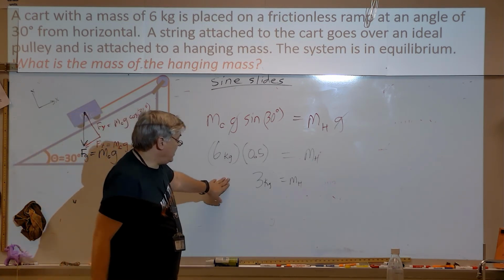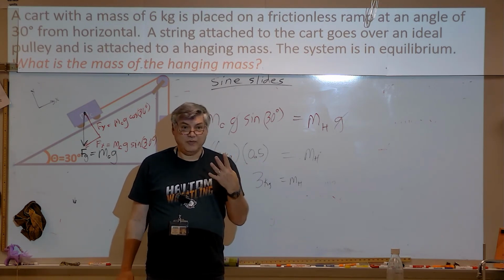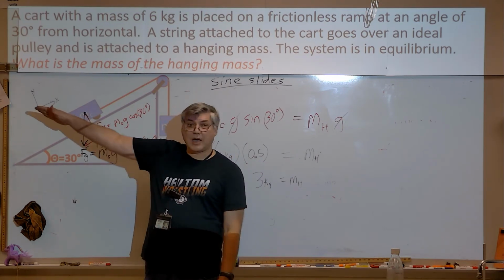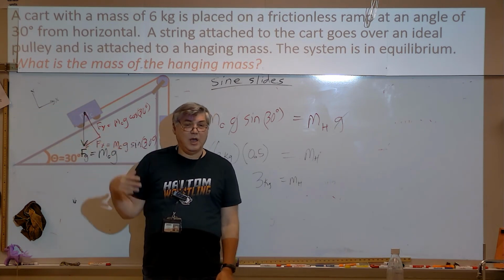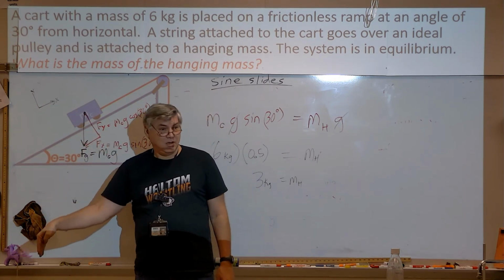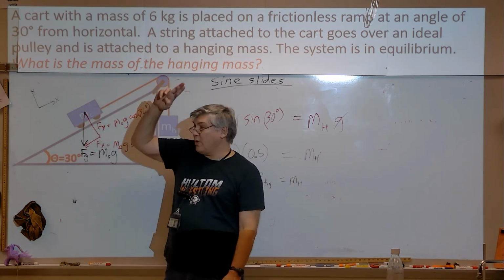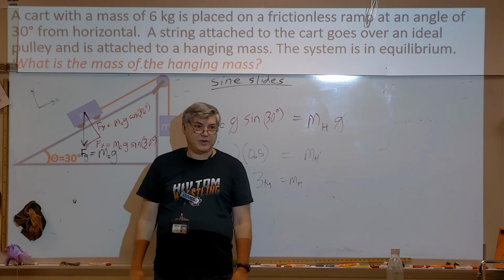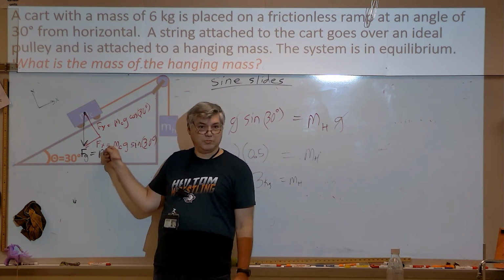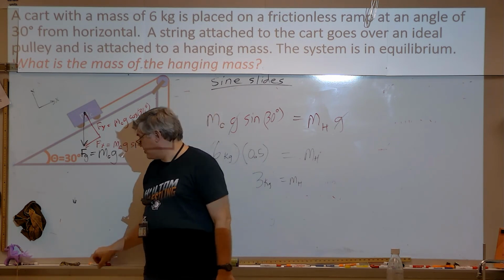But this is a question on the test. So we've now done 4, if you count calculating the normal. One of them I just calculate this: remember sine slides? If I cut the string, what's the force making it want to roll down the table? That's it right there. And then I have one where I have some friction.